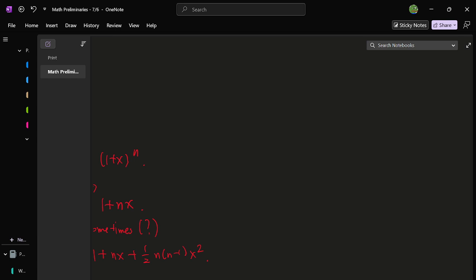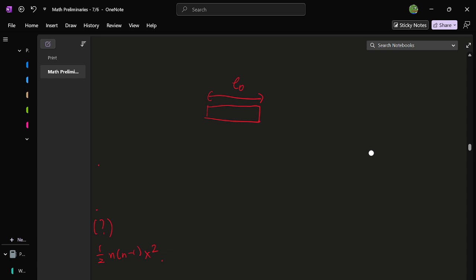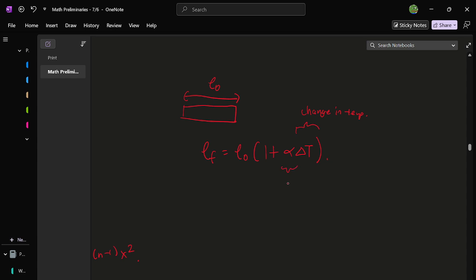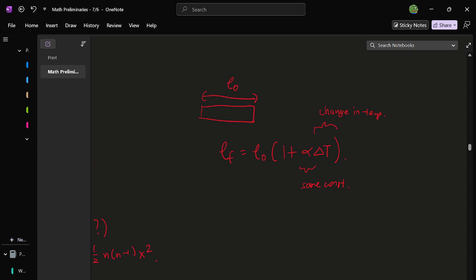So what this means is that if you have, for example, a rod, originally of length L naught, then after some thermal expansion, our formula is like that, where delta T is your change in temperature, alpha is some constant, and this is your final length. This is what we call linear thermal expansion.